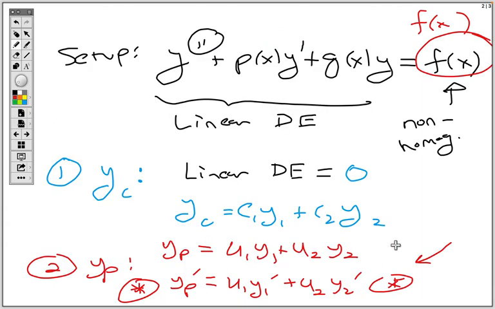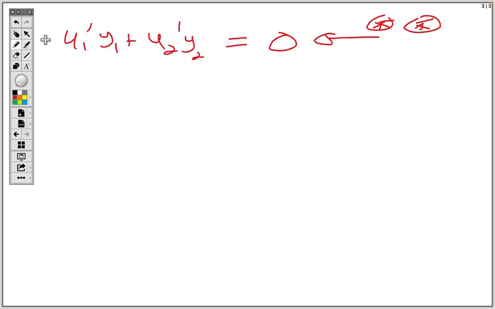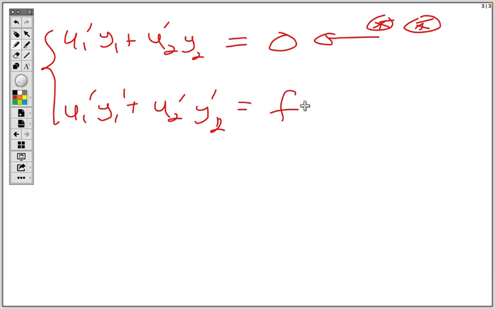And then when you stuffed this into the differential equation using this simplifying assumption and set it equal to f of x, we got another equation: u1 prime y1 prime plus u2 prime y2 prime equal to f of x.